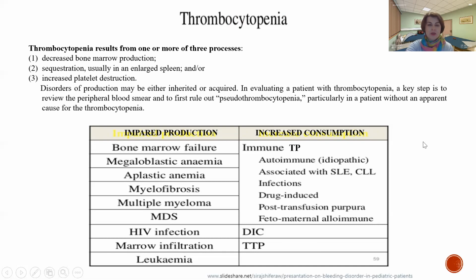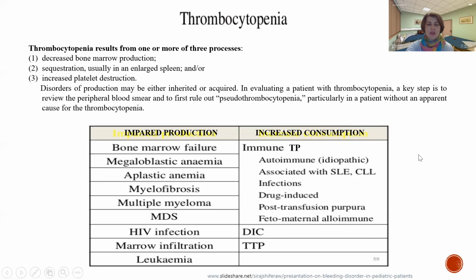Impaired production could be seen in patients with bone marrow failure, megaloblastic anemia, aplastic anemia, myelofibrosis, multiple myeloma, HIV infection, marrow infiltration in patients with cancer, deposition diseases, for example amyloidosis, and leukemias of different types.